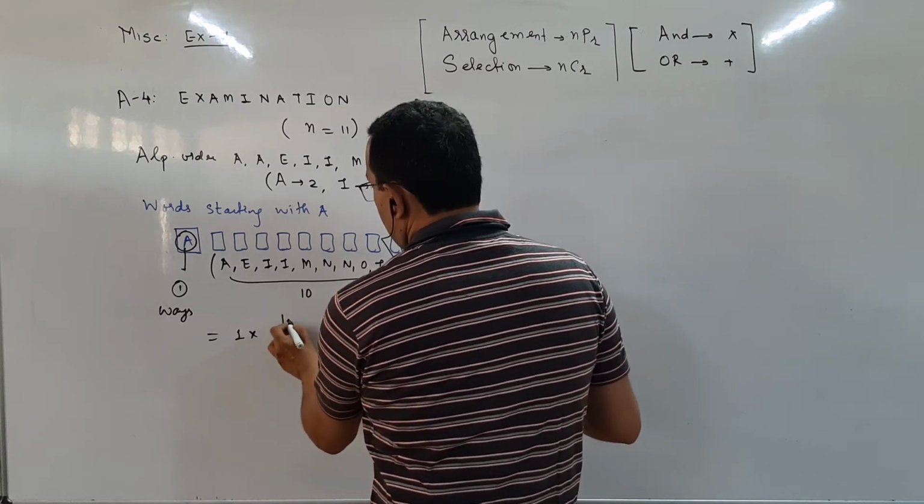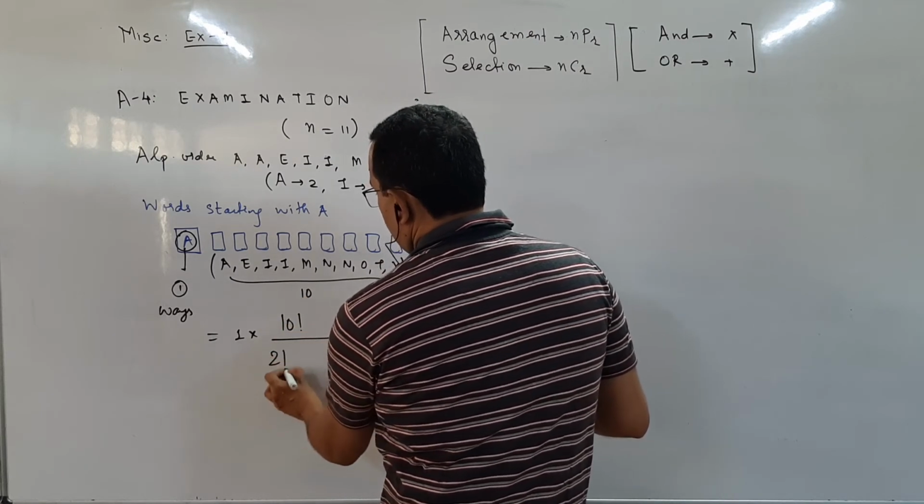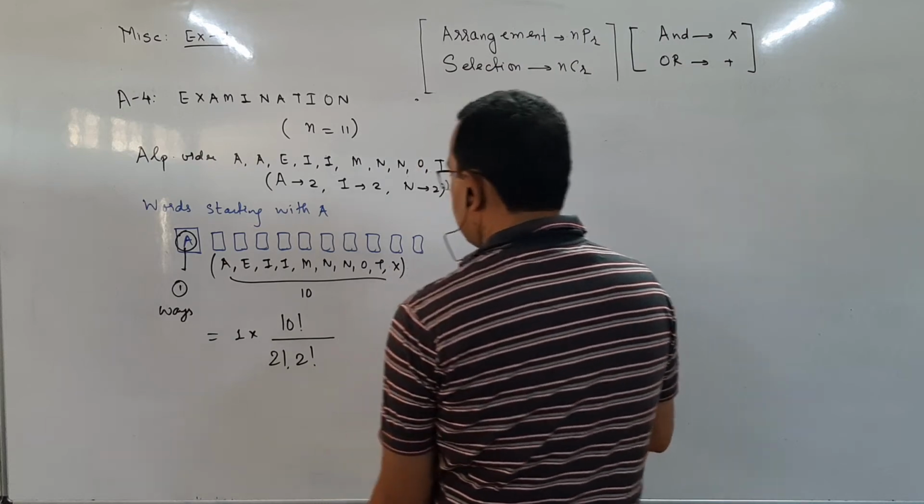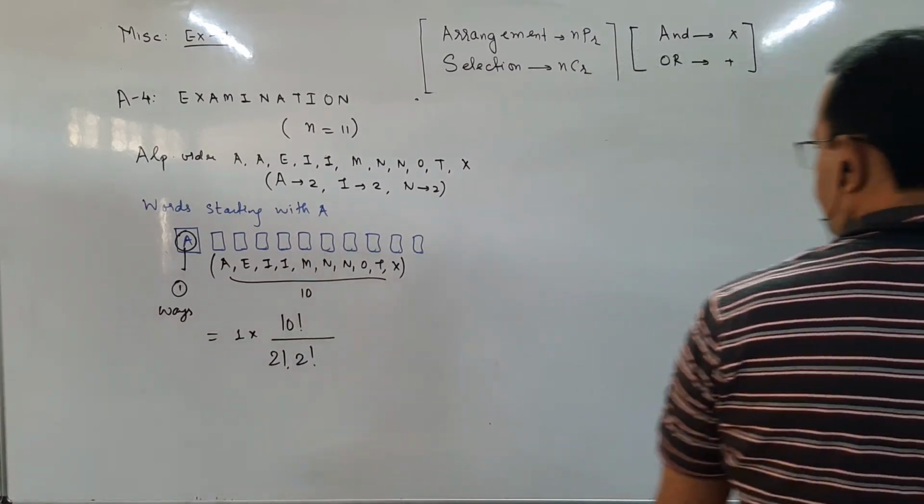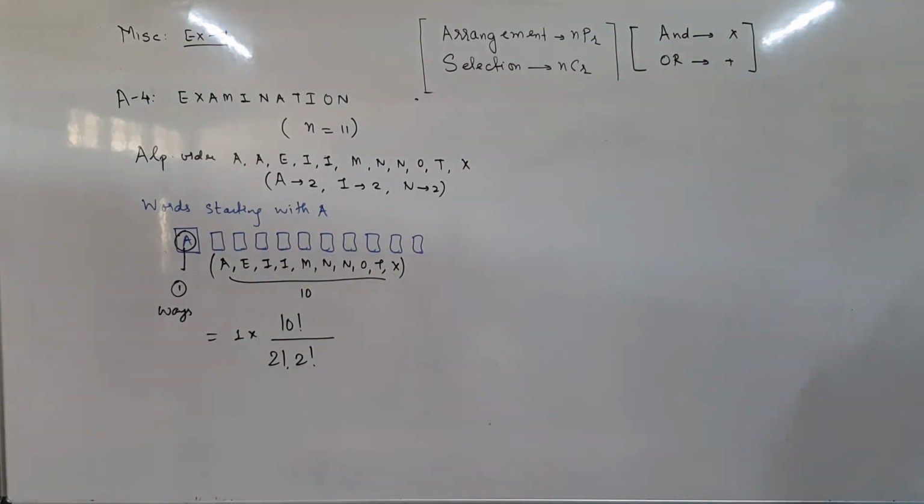Now for this 10, we have I repeated twice and N repeated twice. So 10 factorial upon 2 factorial into 2 factorial comes out to be 907200.